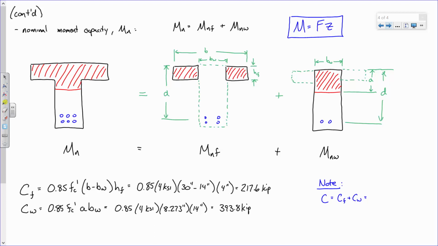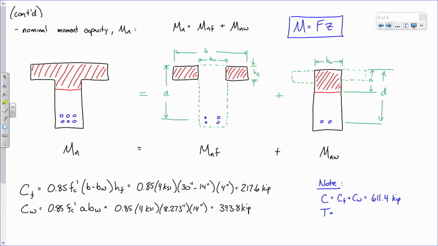Say it again. 611.4 kips. Everybody agree with that? What is the total tensile force? How do you determine that? No. How do you determine it? Okay, and follow that thought. No. AS FY. There you go, AS FY, right?